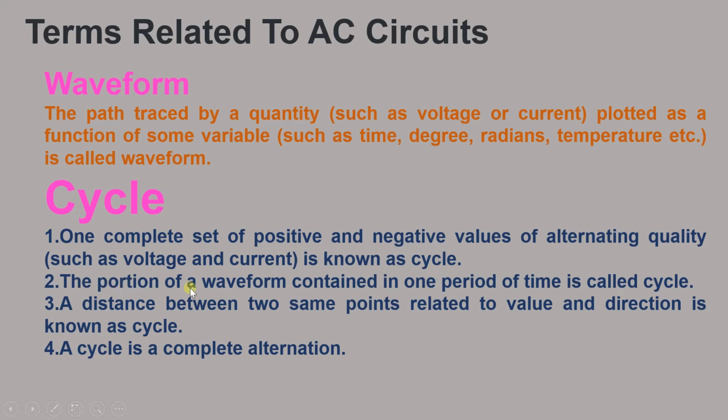The portion of a waveform contained in one period of time is called cycle. A distance between two same points related to a value and direction is known as cycle. A cycle is a complete alternation. So these are the different ways of defining a cycle.